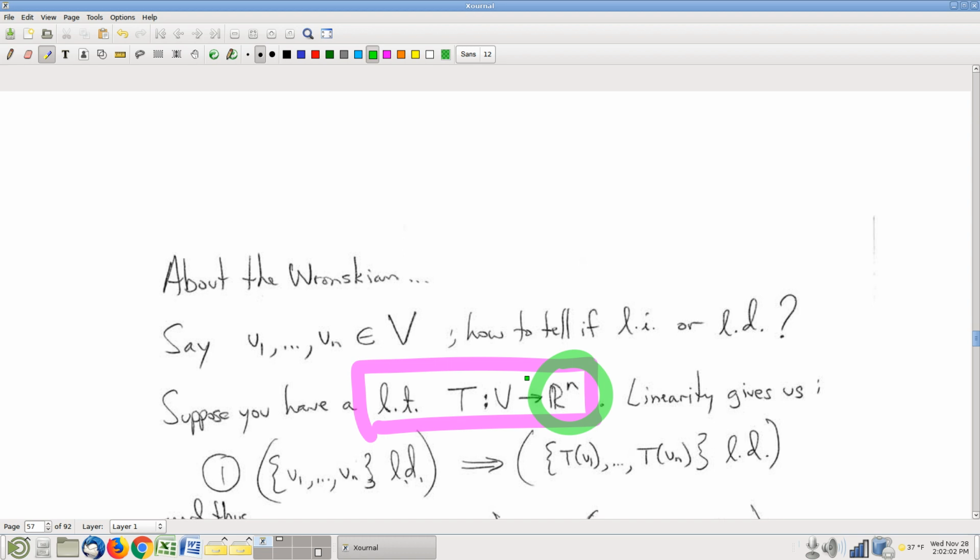Rn specifically, right? Nothing else, just Rn. Notice, this n is the same as that n. The number of vectors I'm interested in tells me the dimension of the Rn that I need to go into. Okay. All right. Easy chapter 2 result.